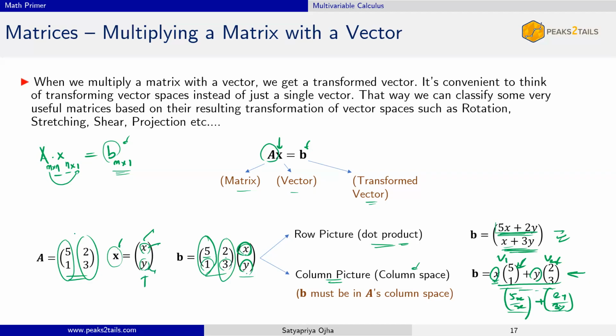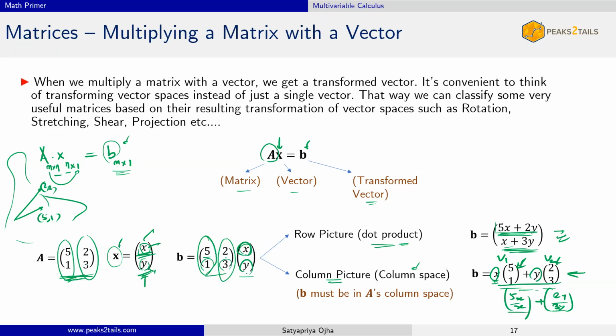B must lie in whatever space these two vectors, 5, 1 and 2, 3, are able to achieve, any space that you can create, right? And the different vectors that you can create out of this are based on the choice of x and y. That is fine. But there is a column space, right? That's the two-dimensional space that is spanned by these two vectors. And B is a linear combination of these two vectors.